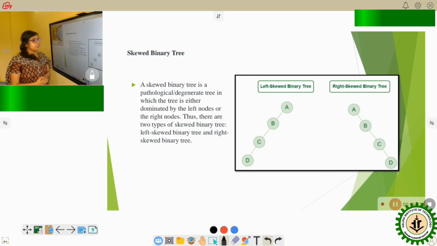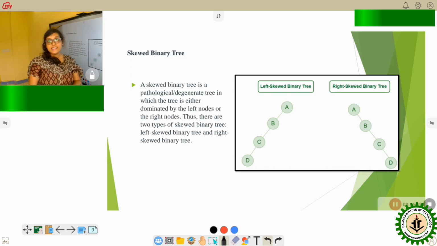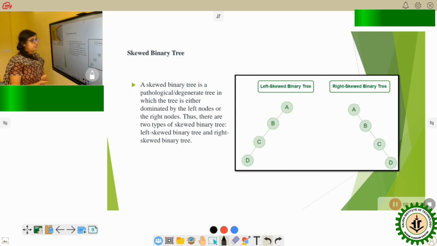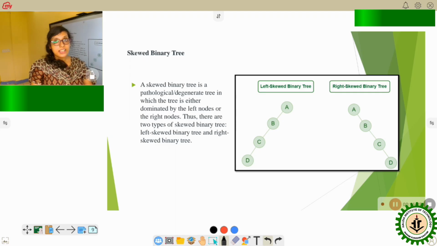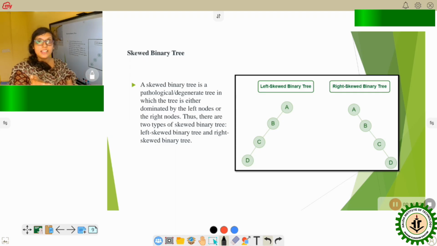Next is skewed binary tree. Actually, a skewed binary tree is the main disadvantage of the binary search tree. So, according to the definition of binary search tree, the nodes which are lesser than the root node are placed in the left part, and the nodes which are greater than the root node are placed in the right hand side.